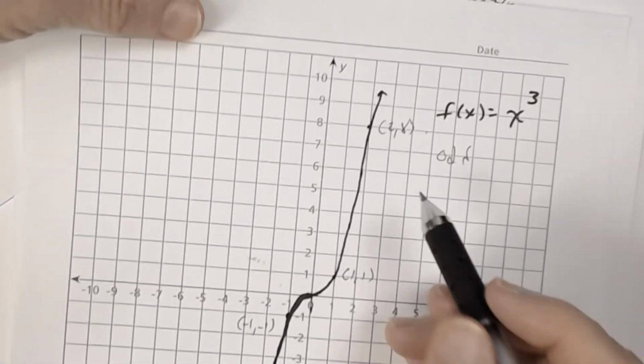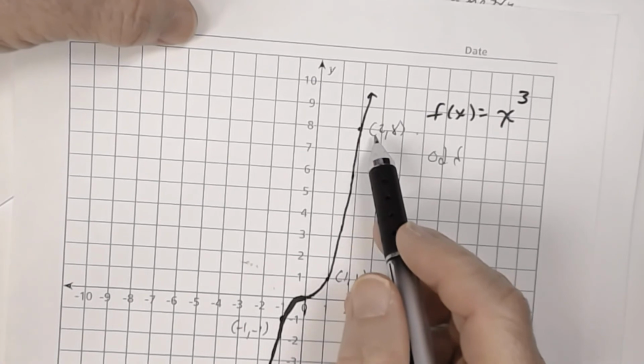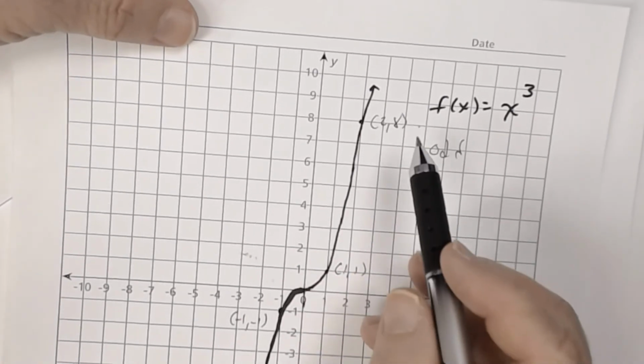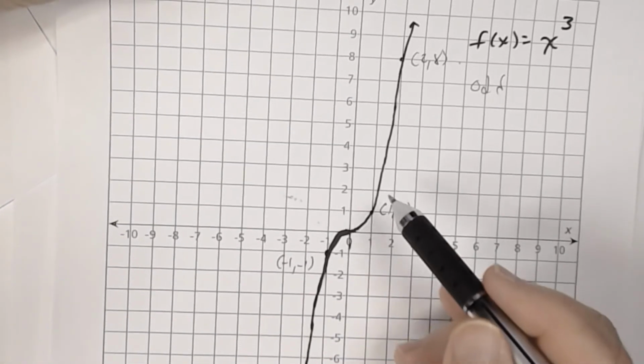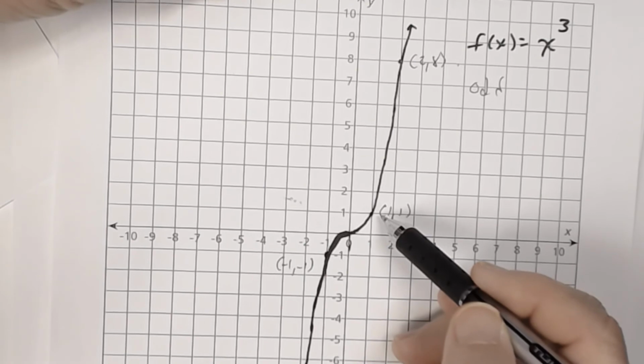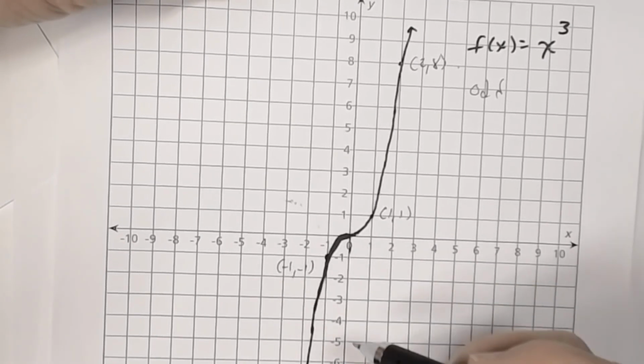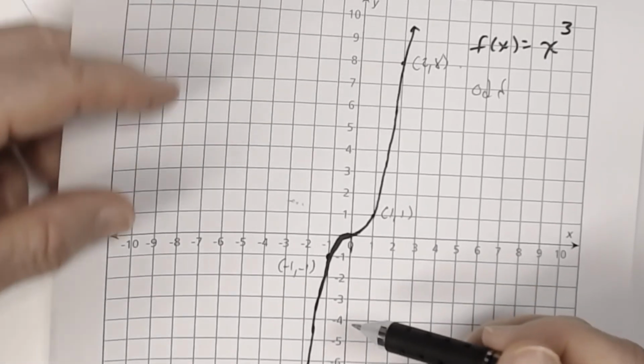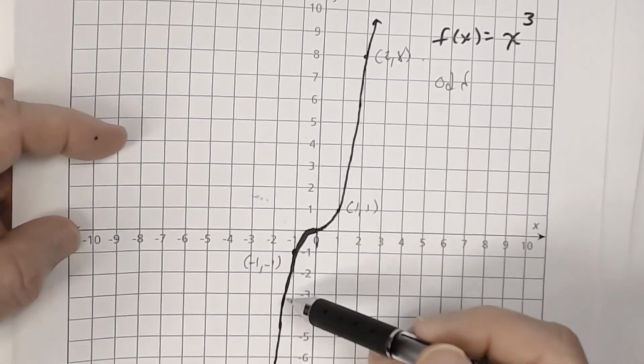So the point is this. If the point 2, 8 is on the graph of an odd function, then the point negative 2, negative 8 will also be on it. If the point 1, 1 is on the graph of an odd function, then the point negative 1, negative 1 will also be on it. All right, so an odd function is symmetric about the origin.